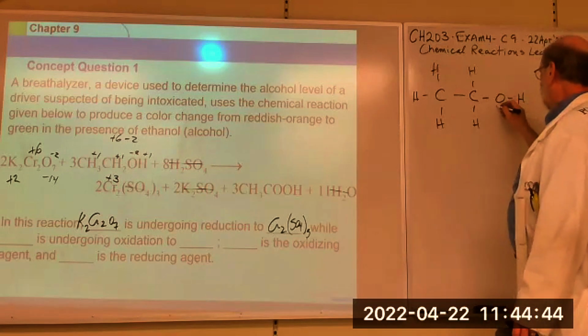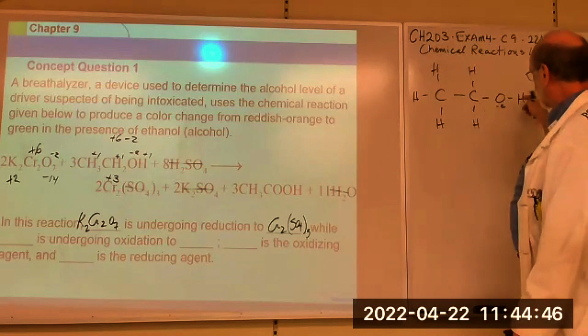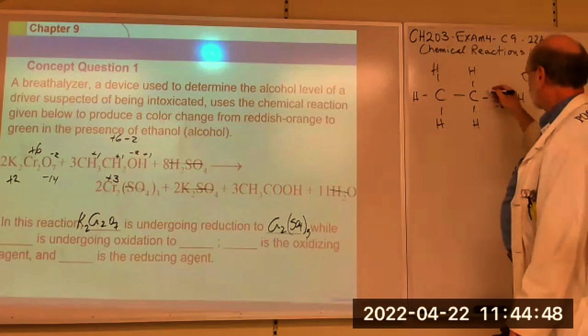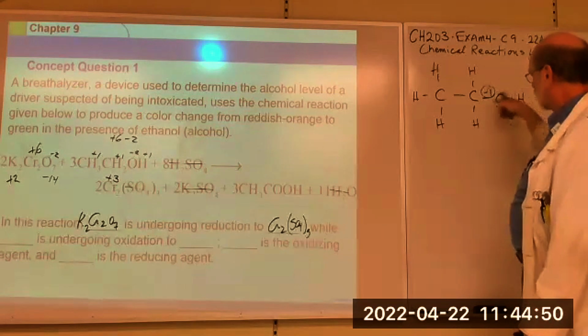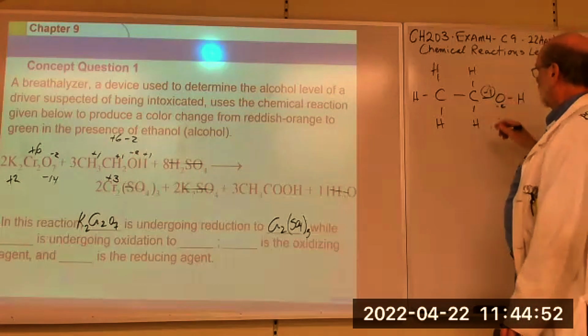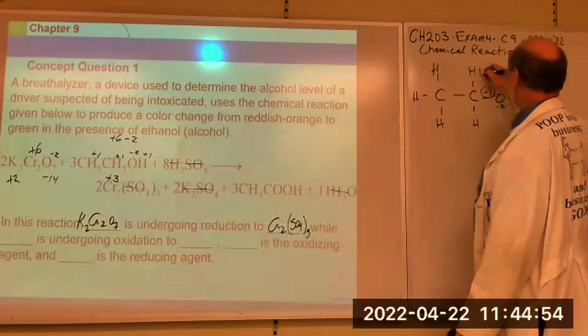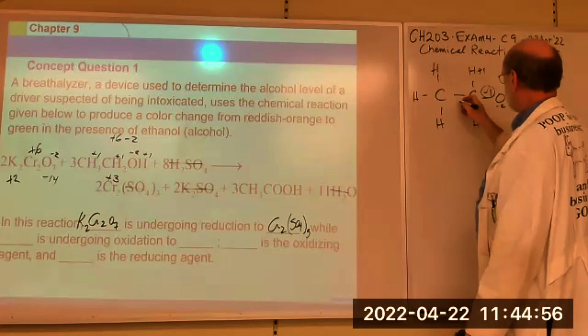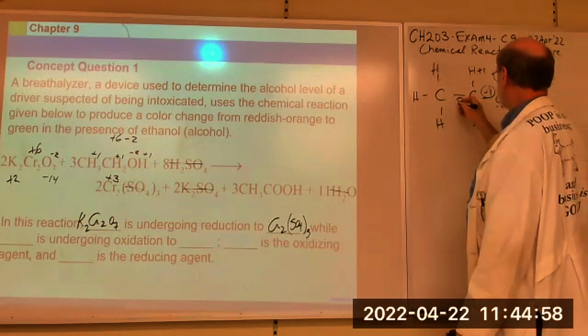So if this one's -2, that means -1 belongs this way and -1 belongs that way. So we're actually talking about a -1 from this side. This one is a +1, this one's a +1. This one is neutral.